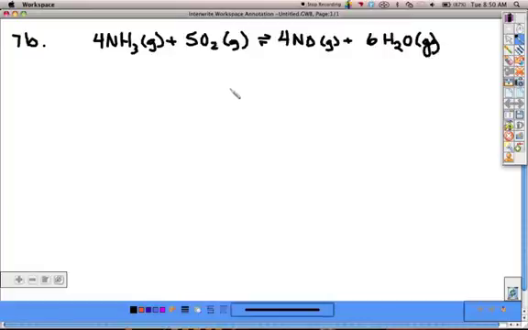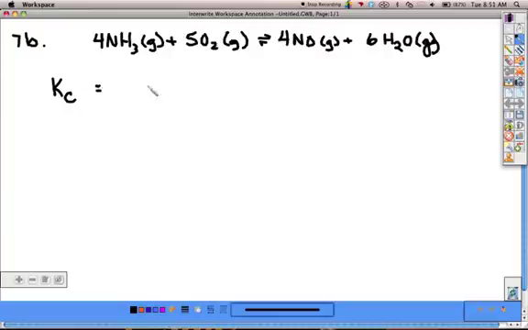Now what we want to do in part B is to figure out what the Kc value is, which is the equilibrium constant. And then it also asks us to look for the units that we would have.